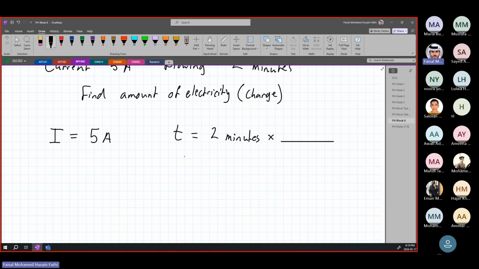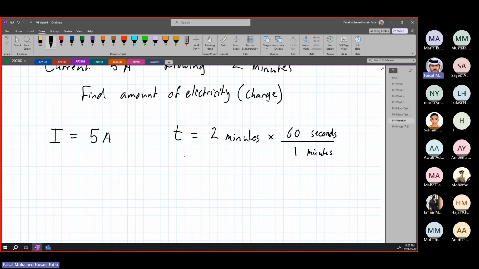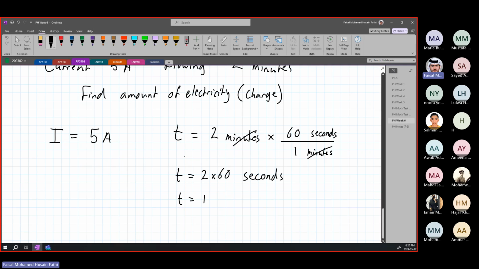We want to cancel minutes, so we put minutes down, and we want seconds instead, so we put seconds up. 1 minute has 60 seconds in it. So the minutes will cancel, and you're just multiplying 2 by 60 for the seconds. So time is simply 120 seconds.